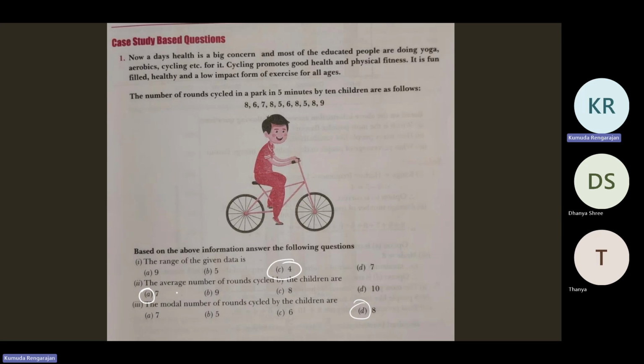For this one, you should find mean. Sum of all the observations by number of observations. Okay, next one.